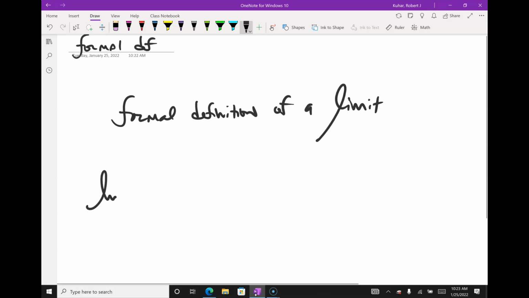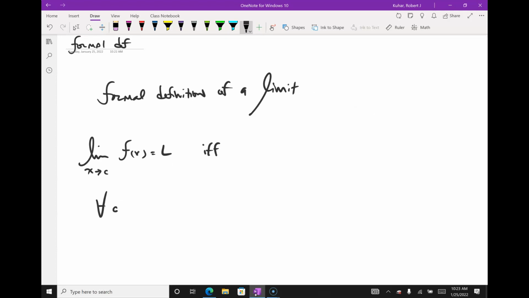So we'll say the limit as x goes to c of f of x is L if and only if, meaning logically equivalent. One implies what I'm going to write, and what I'm going to write implies this one. They mean the same thing. How's that?